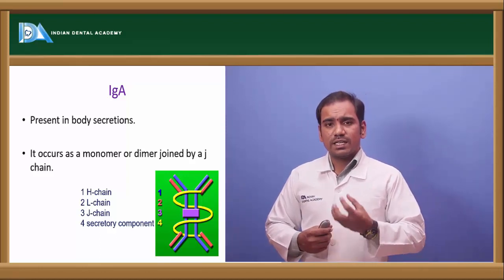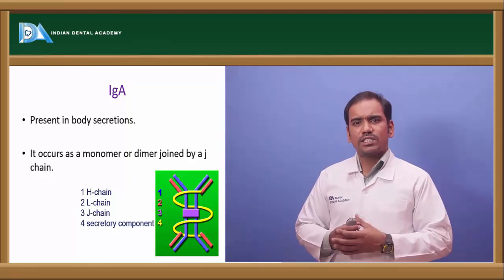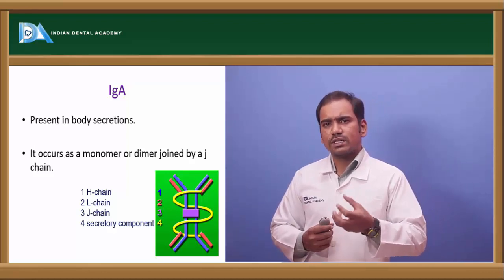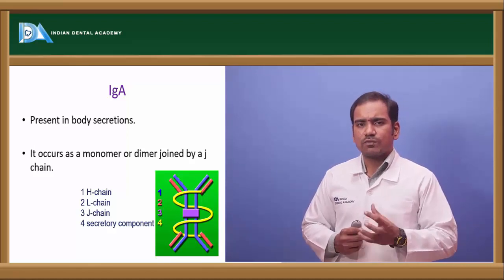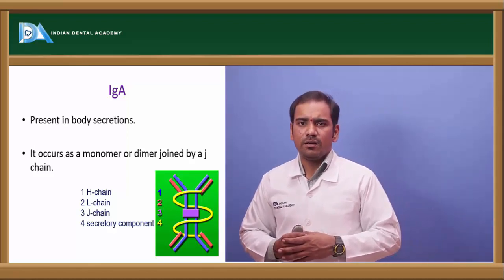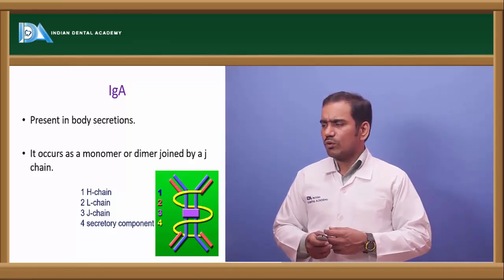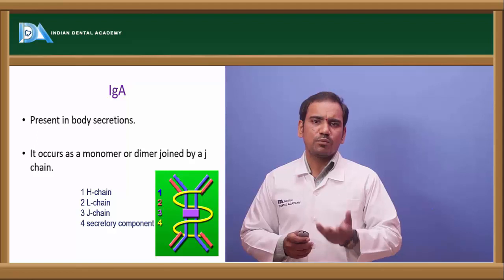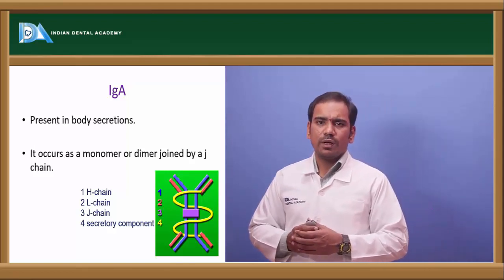And secretions of the lung, and all these urogenital secretions. All these body secretions have this type of immunoglobulin called IgA. So that's why we call it a secretory antibody, right? And it may exist as monomer or dimer. If it is in dimer form, that is joined together by a J chain.